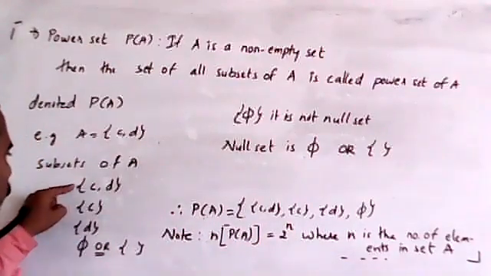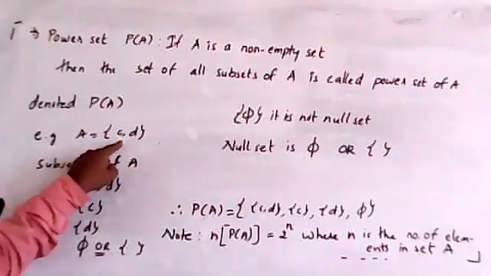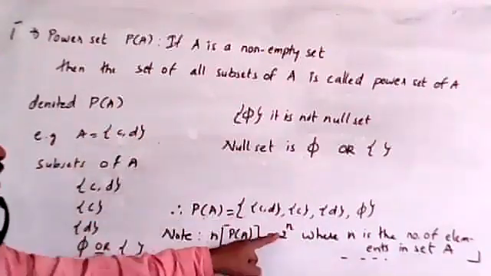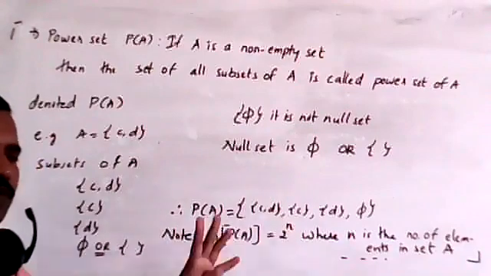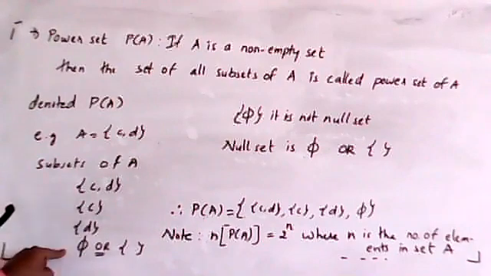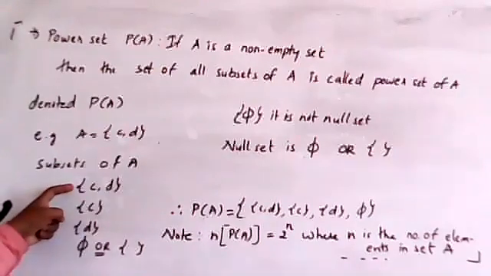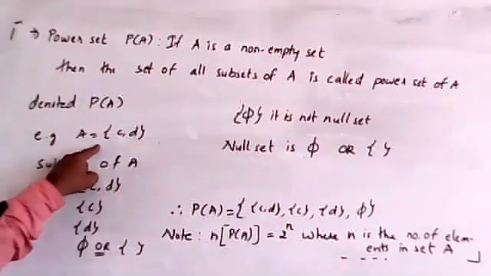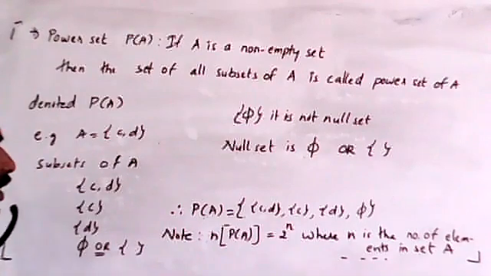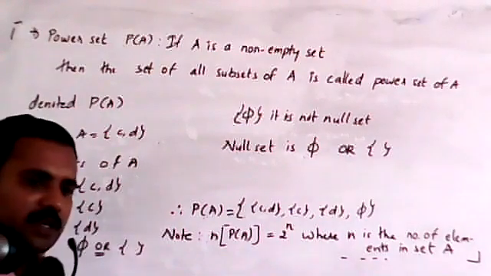So 32 varieties of subsets are possible. Here, C and D, 2 elements, so 2 to the power of 2 is 4. Before writing all the subsets, one can judge how many are possible. Now there are 1, 2, 3, 4.